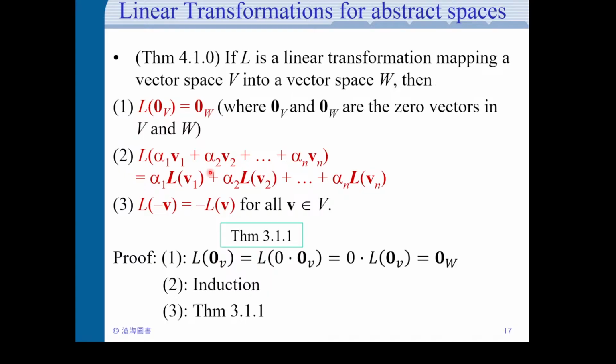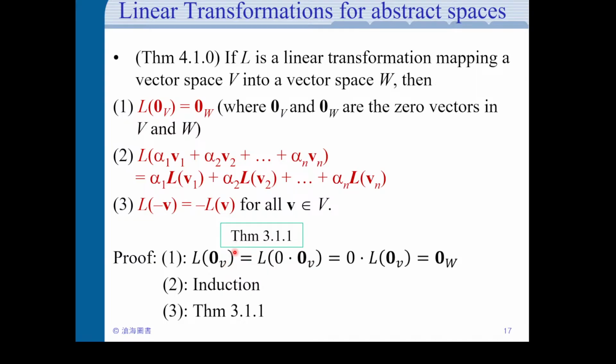Now you can go from the 0 on space V to the 0 on space W by saying that 0 on space V is 0 multiplying your vector, and then this 0 can get outside of your mapping, because by the definition of a linear transformation, L of 0 times something is 0 times L of that something.